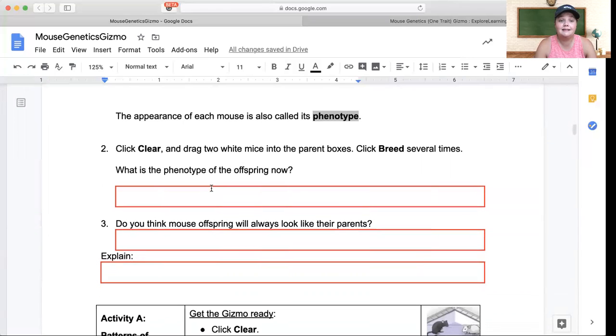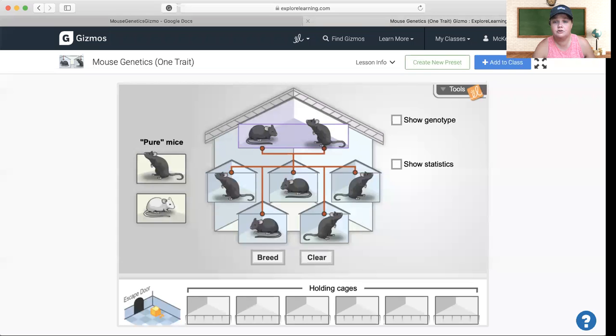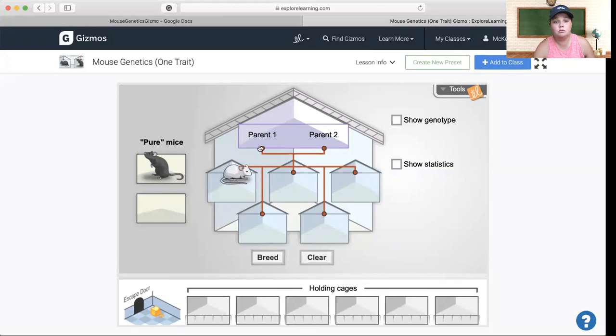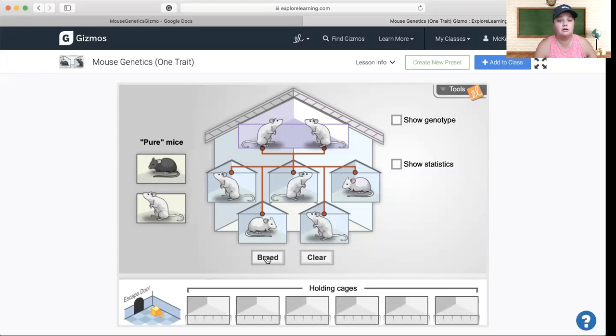So now you're going to click clear and drag 2 white mice into the parent boxes. Click breed several times. What is the phenotype of the offspring now? So let's clear, and we're going to put the white mice in the parent box. And we're going to click breed several times.